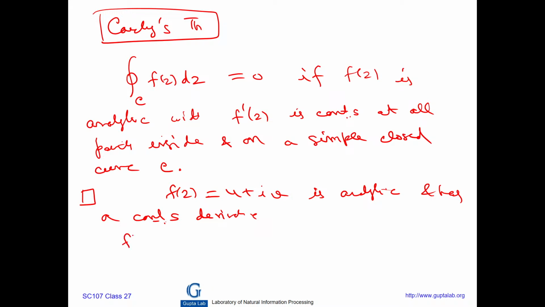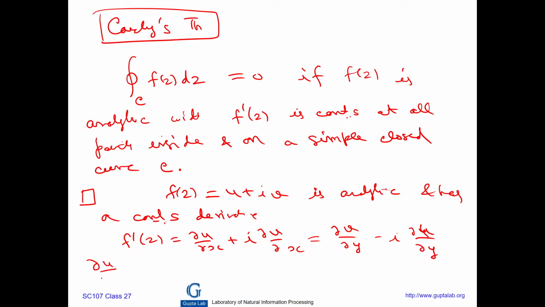So f dash of z will be what? del u over del x plus i times del v over del x, which is equal to del v over del y minus i times del u over del y. But the Cauchy-Riemann equations say that del u over del x is equal to del v over del y and del v over del x is equal to minus del u over del y.